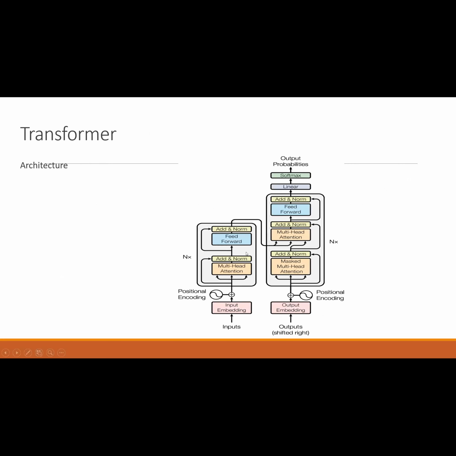Inside we have multi-head attention mechanisms, so we need to consider some important words. For example, if you enter a complex query, we need to concentrate more on the important keywords and features. At that time we go with attention mechanisms. That is how the multi-head attention mechanism is mentioned here.